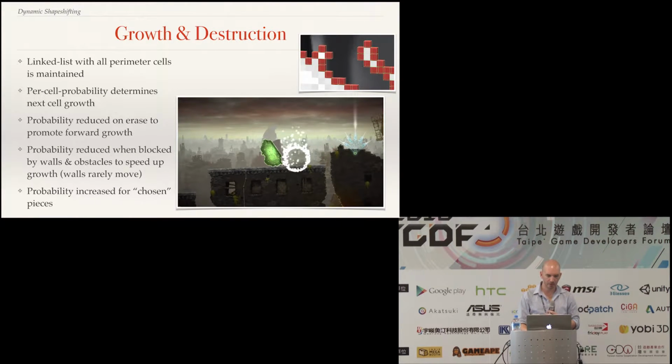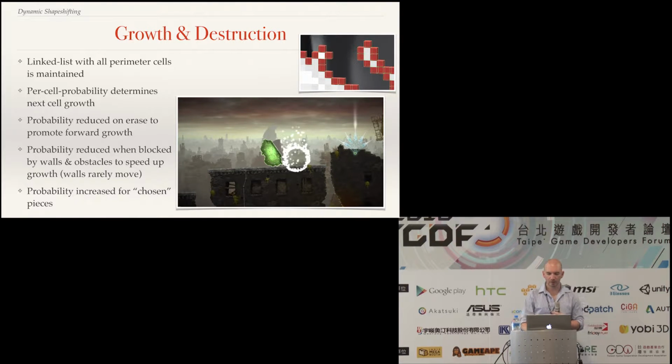So as for the growth and destruction, we already talked about the perimeter cells. There's a linked list of all the perimeter cells, and it just goes through them and looks for their probability of growth. The per cell probability is a number between 0 and 1, where 0 is it will not grow, 1 it will definitely grow. It takes a random number and sees if that number is smaller than the probability, and if it is, it grows.